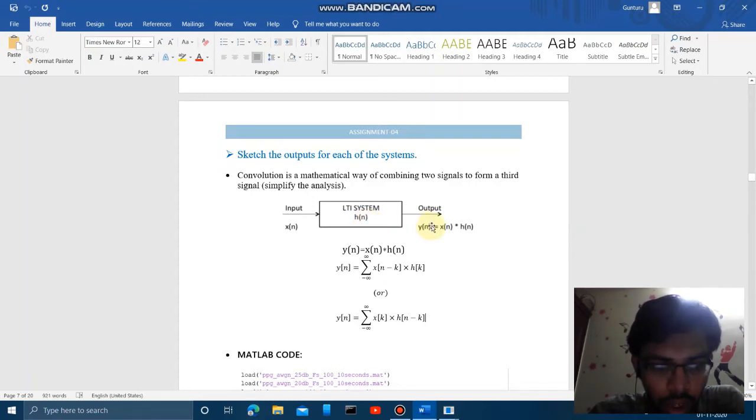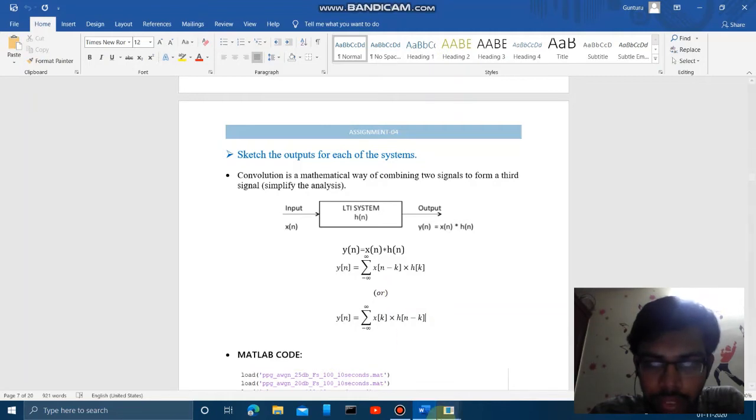Now the output of the system can be written as y of n equals x of n star h of n. Here x of n is convolved with h of n. Here we can see y of n can be written as a summation of k equals minus infinity to infinity x of n minus k into h of k, or we can write it vice versa like this.